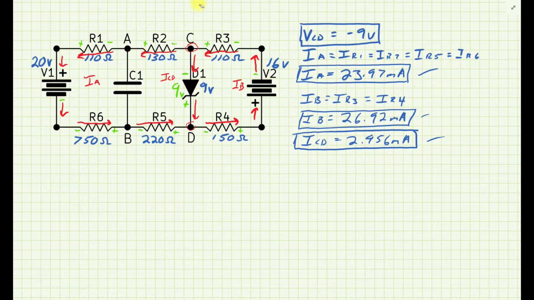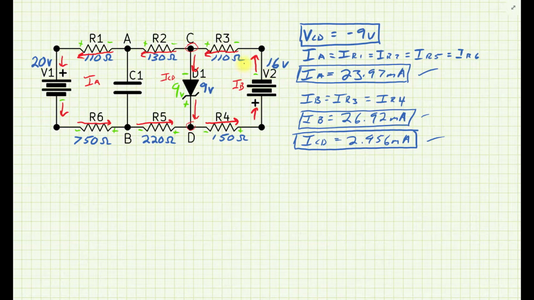Then we can do a quick double check, and if it checks out, we can solve the AB voltage, and that should be the final voltage that we need to solve for this circuit. At that point, we'll know all the final values. So let's go right ahead and get into it.